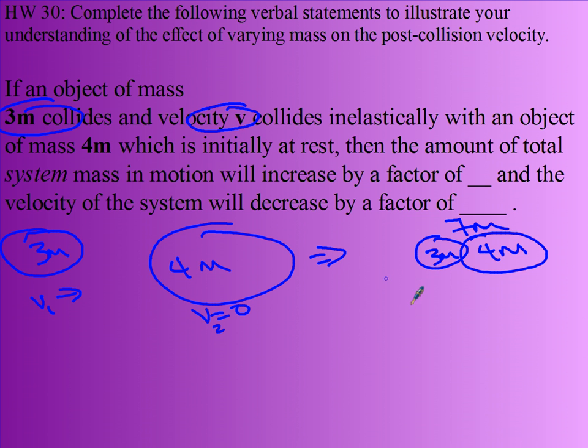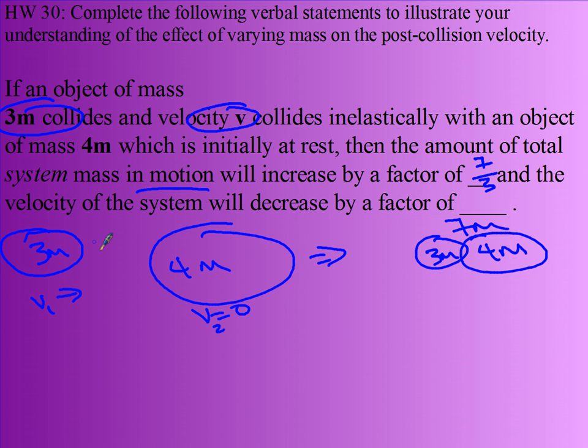My total mass moving afterwards is 7m. I end with 7m moving, but I start with 3m moving. So the system mass in motion is going to increase by 7/3.